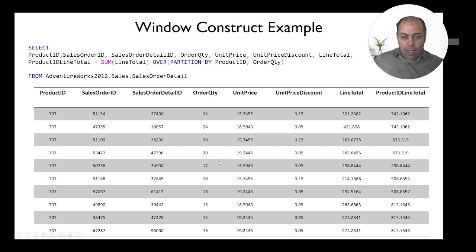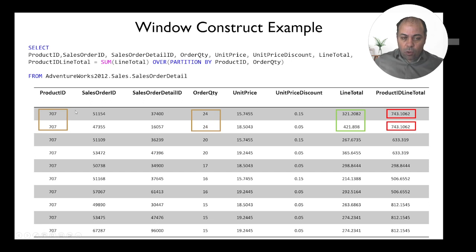Let's take these values to explain more about this select statement. If you look at the first two rows, the two columns product ID and order quantity have the same values. For the rest of the rows, the same goes, but for order quantity just the first two rows have the same values.